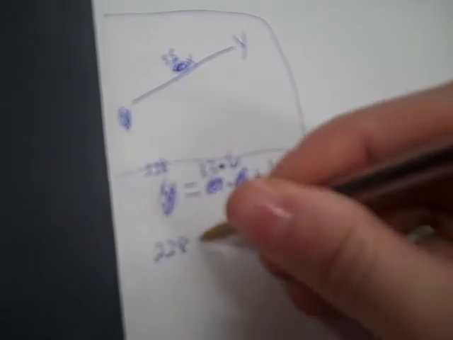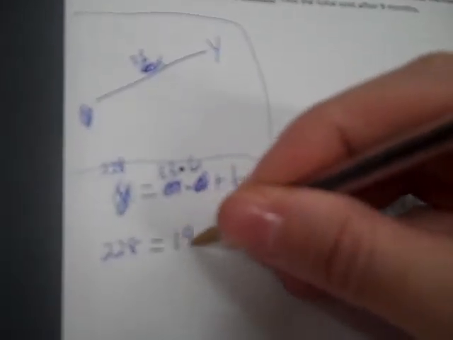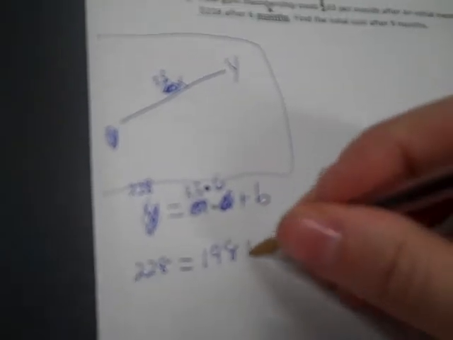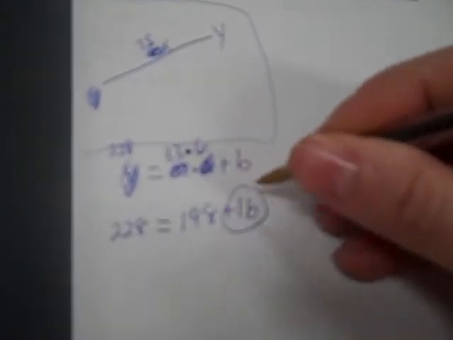So I have 228, then the equal sign, and then I need to take 33 times 6. 33 times 6 is 198. And then plus b. Now you always want to put a 1 in front of your b and circle it. You can dot it if you want. So we need to get rid of the 198, and you do that by subtracting because it's positive.